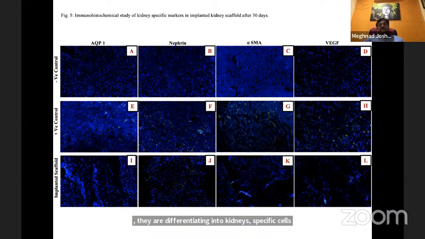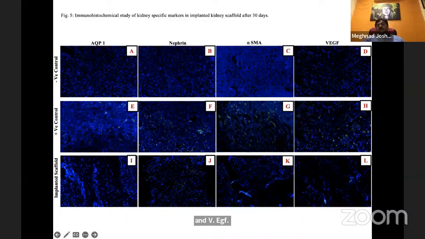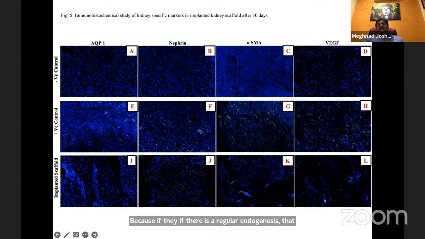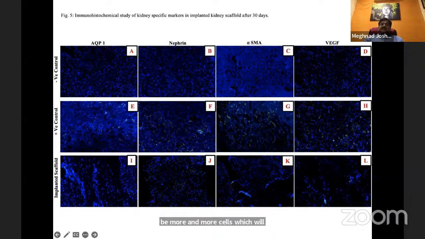So these cells already started to accumulate at the scaffolds. Of course, alpha SMA is related to the smooth muscles, and VEGF, because if there is regular angiogenesis, that means there is blood supply. That means there is a possibility that more and more cells will be recruited at the site, and the entire scaffold will be recellularized by rat cells.